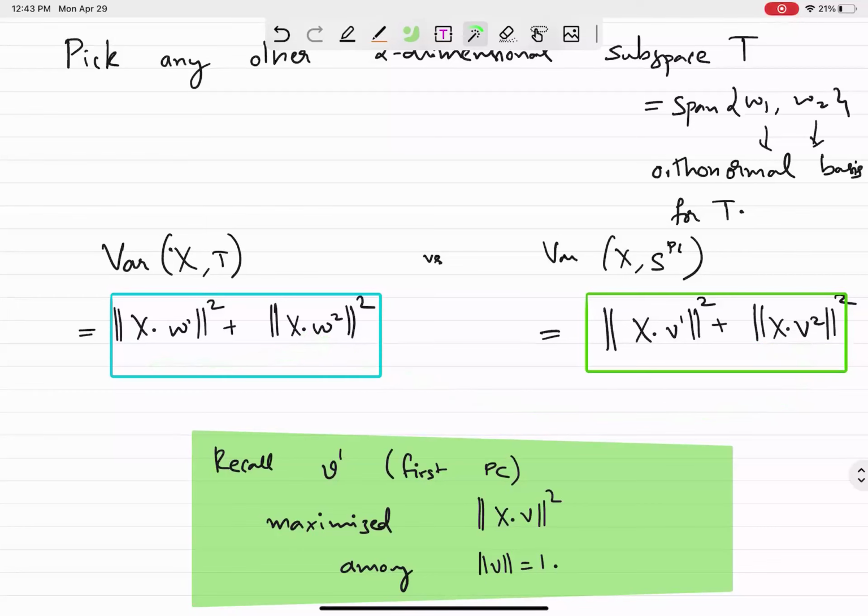Can we directly compare? Can we say that x dot v2 should be... okay, let's say I pick x dot v1 is bigger than this. How can I argue that x dot v2 is bigger than this? That would be the natural thing to do, right? But can I do such a thing? What do you think?